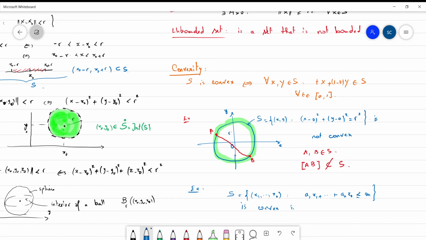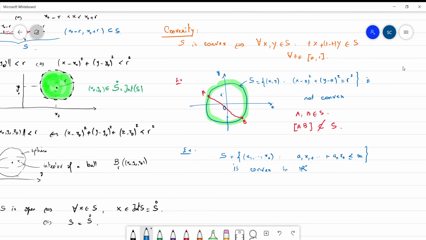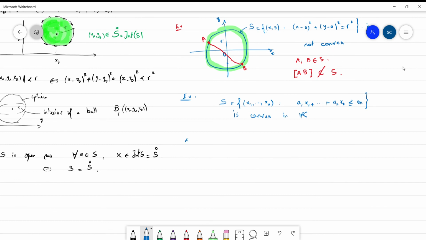In Rn we can check the definition easily. And we have properties also. Another example: the finite intersection of convex sets is a convex set. We have this property.